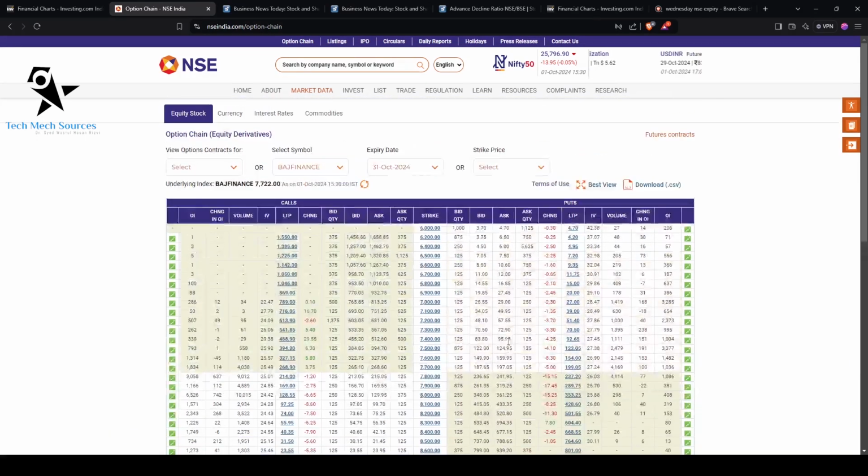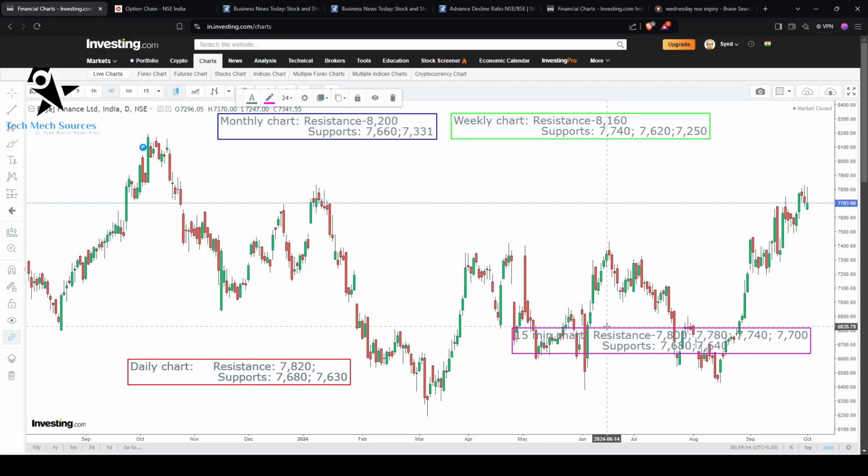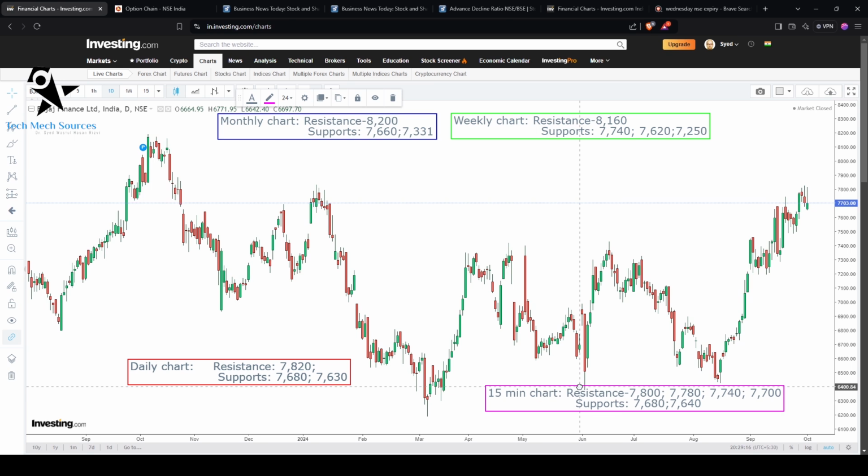What about the put? The put side is here. If we see the resistances, rather the supports, on the put side, 7,680, 7,740. The index is 7,703. So you can understand the support and resistances.